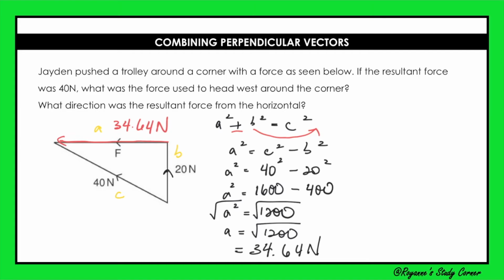Now what you could do here is say, well, let's take this angle, because we want to see from the horizontal. So what was the angle between the horizontal and the resultant?